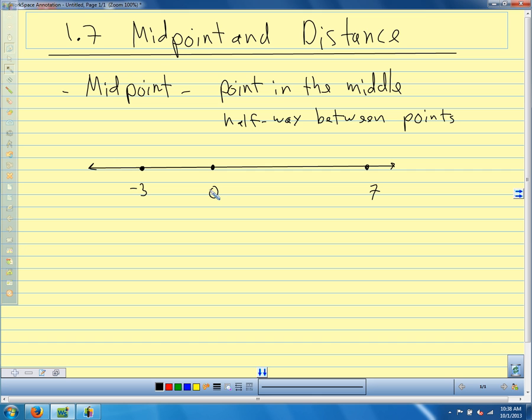How could we figure out what is halfway between those two? We could construct a bisector, but if we have coordinates, can't we figure out exactly what the middle is? So how would we go about it? Anybody have an idea?